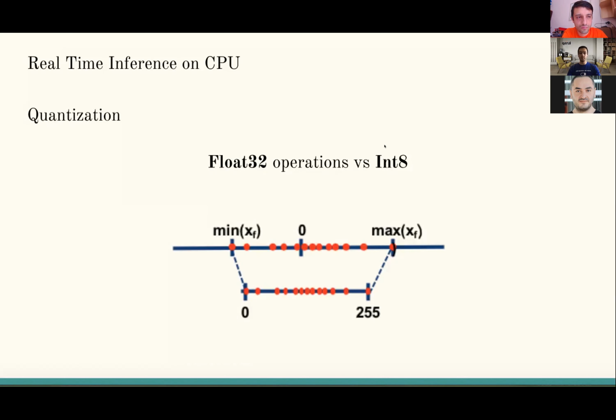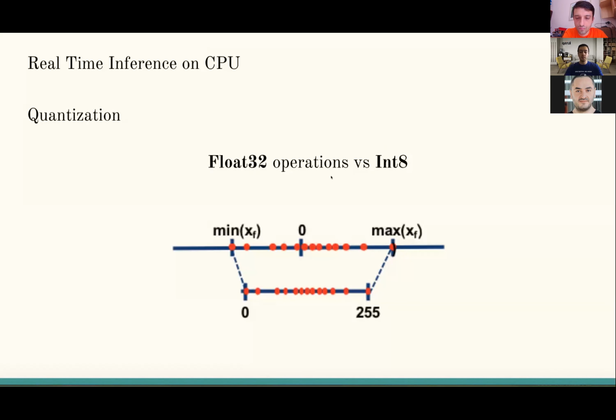So what the quantization algorithm does, for each of your model's parameters, it finds the optimal shifting and scaling values that will decrease your model's initial accuracy as little as possible.